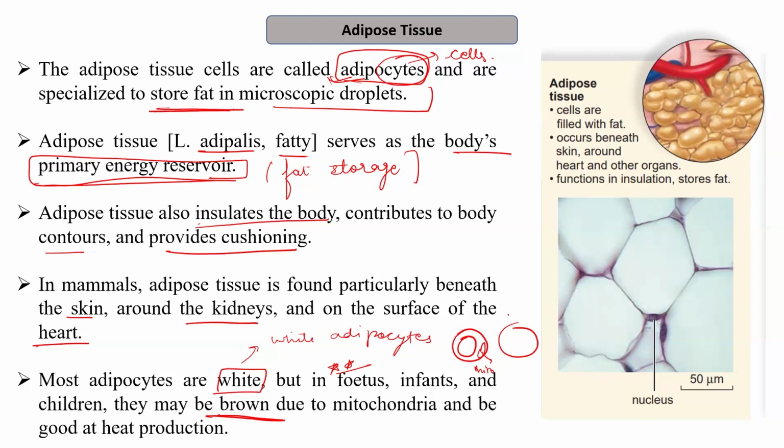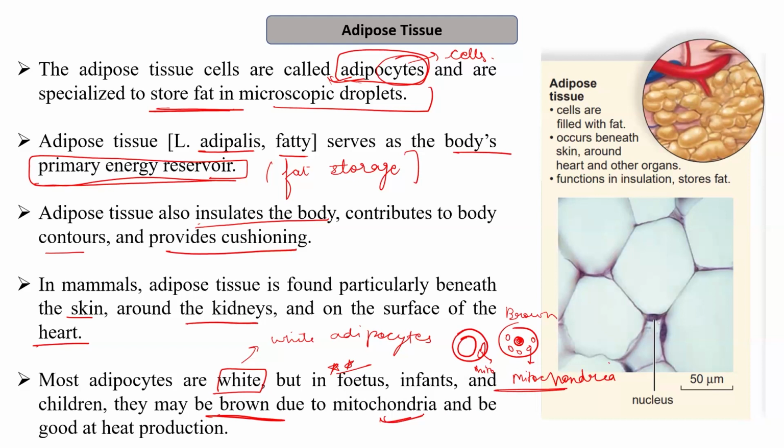If I talk about the brown adipocyte, it will have very few fat droplets, and it will mainly have mitochondria. And since mitochondria are the powerhouse of the cell, they will help in providing energy to the cell and thus will help in heat production.